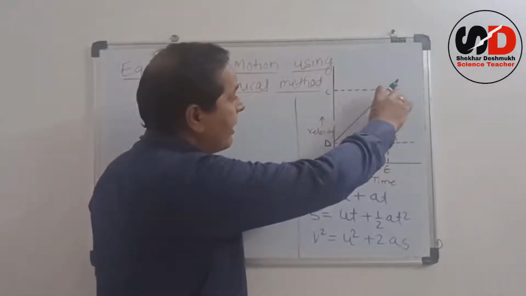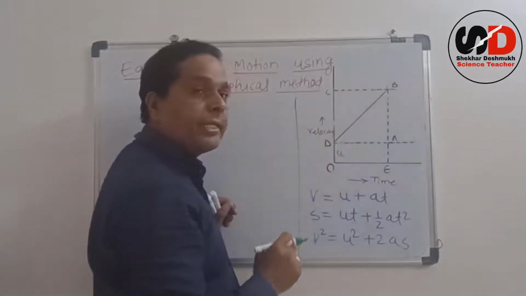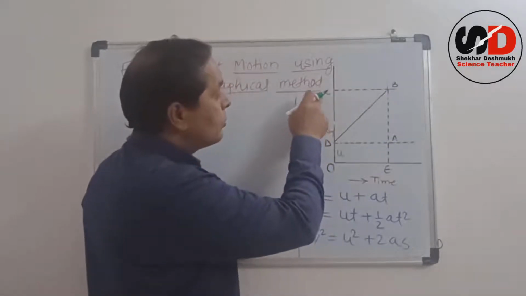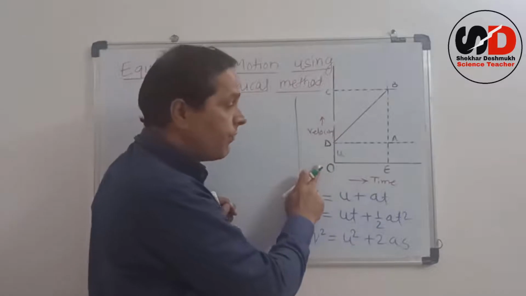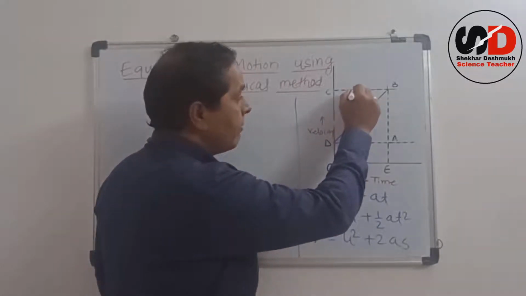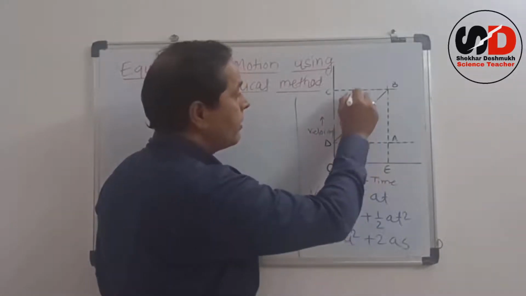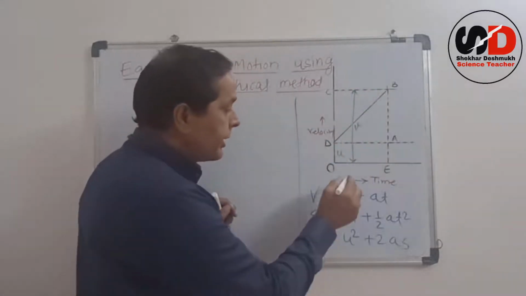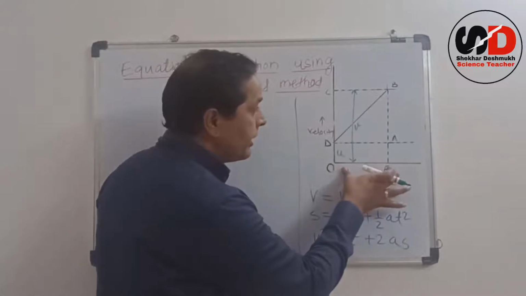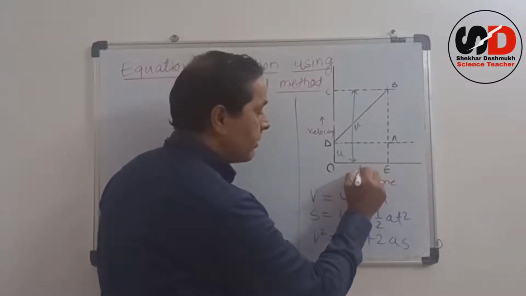It reaches point B and attains final velocity V, so OC must be V, the final velocity. In time T, so OE must be the time T.